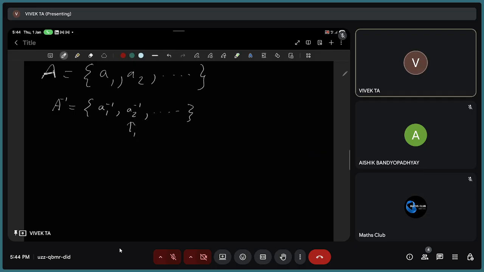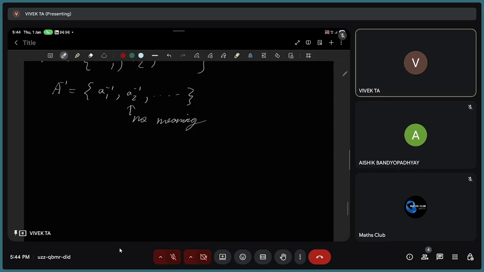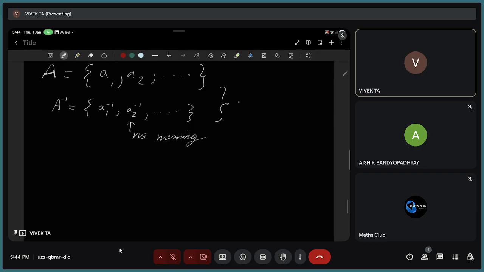This has no meaning. It's just a set. This is just a notation. And in the language of group theory, these are called symbols. And then you take E, also a symbol.